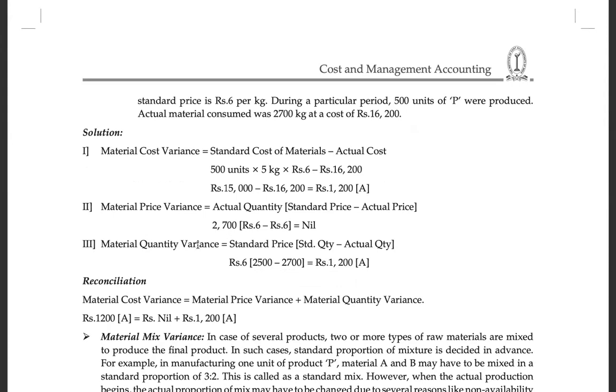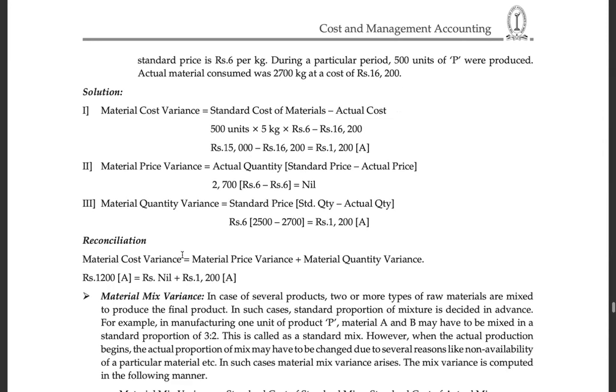The material quantity variance is adverse, which means you have spent 1200 more than the standard cost of material. You have used 1200 worth of material more than the standard set. This is adverse and the price variance is 0. What is the material cost variance?